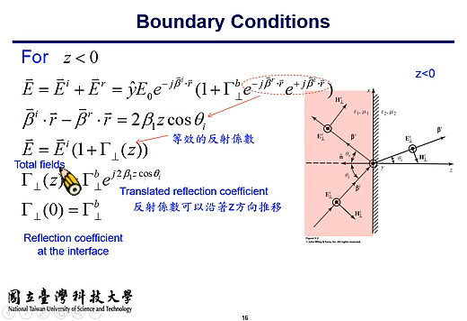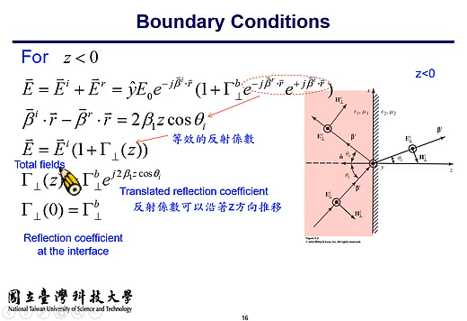So here, the effective reflection coefficient can be derived for positions away from the boundary.